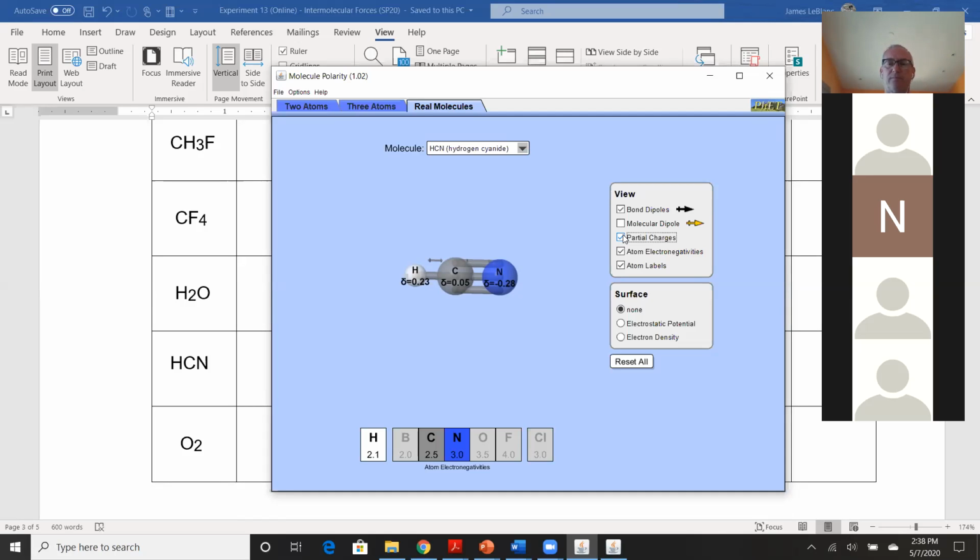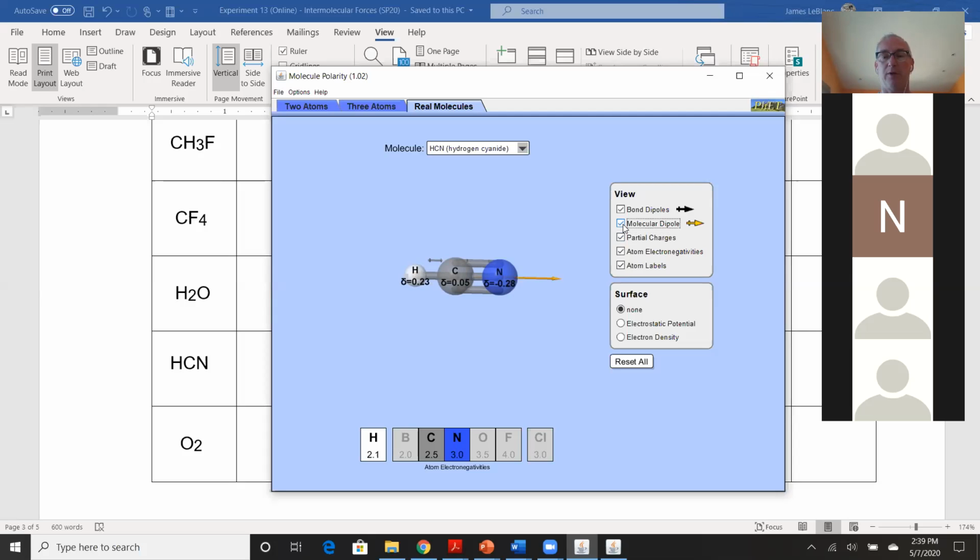So what's our molecular dipole going to look like? They're pointing in the same direction, so they're not canceling each other out. Actually they'll add together. You take two small numbers, point them in the same direction, and they'll be additive.